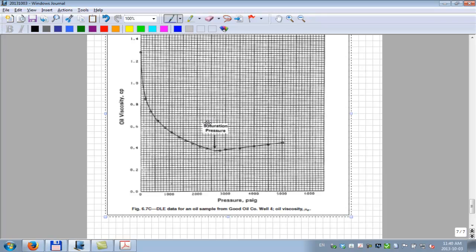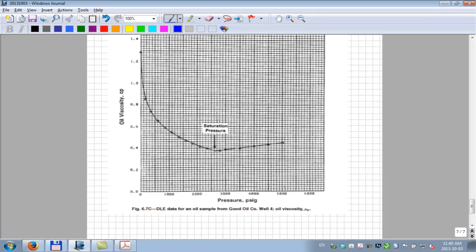Okay, this is the bubble point, saturation pressure, and the oil viscosity here. You can see they also measure viscosities at pressures greater than the bubble point. And the viscosity is increasing.